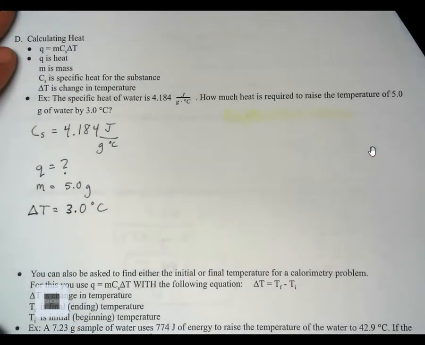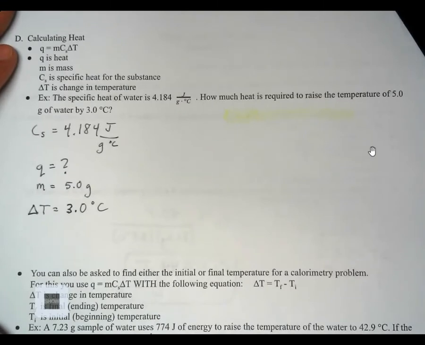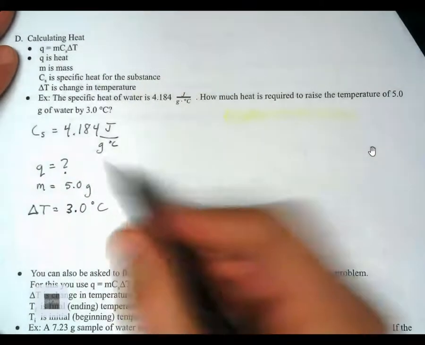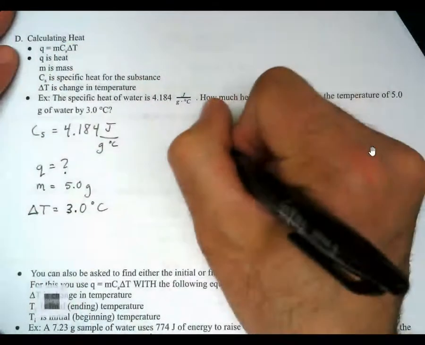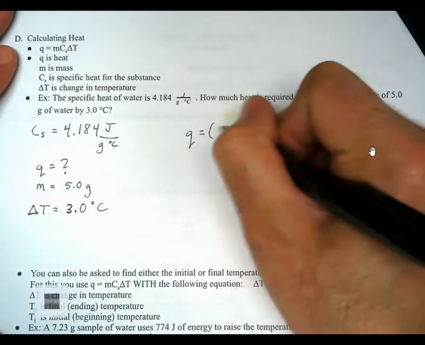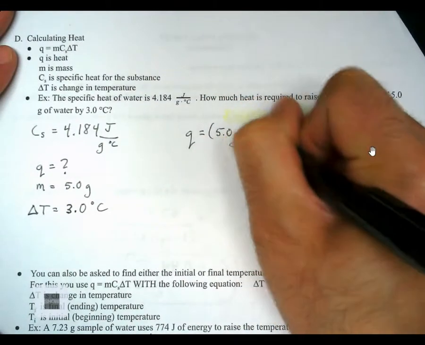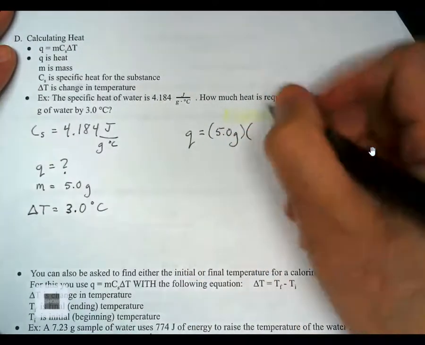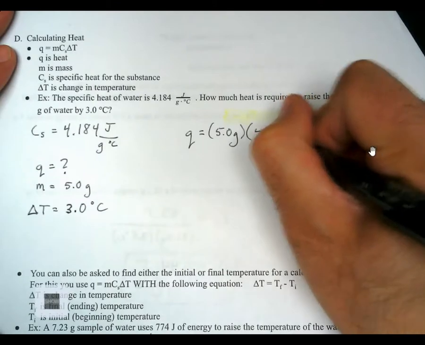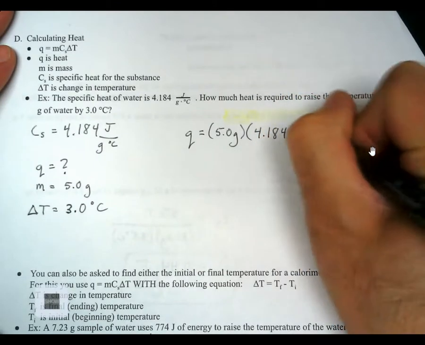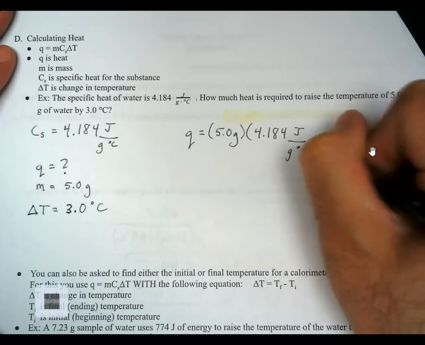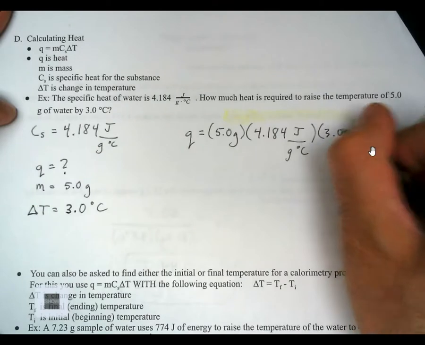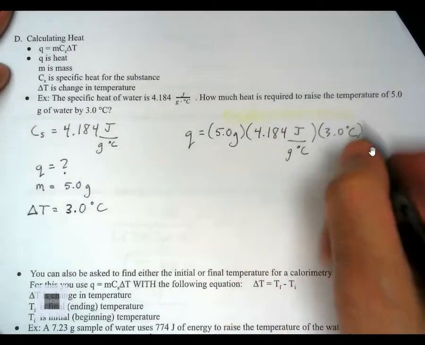So far, so good? Okay, now again, with what we have and what we're looking for, it really just becomes a plug and chug problem. We're going to plug it into that equation. So Q equals our mass, and watch your labels on these, our C sub S, and our delta T. Okay, so we just multiply these together.